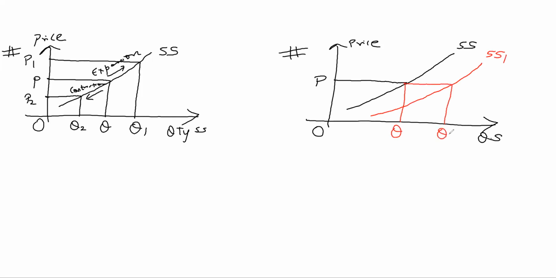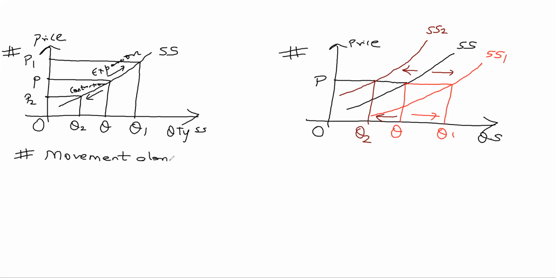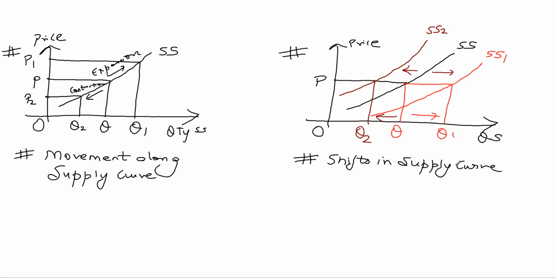You can see the quantity supplied has gone up, or it can shift to the left from SS to SS2, where the quantity supplied falls from OQ to OQ2. That means the first diagram represents movement along the supply curve, which only happens because of change in own price. And the second diagram represents shifts in the supply curve, which happens because of all factors other than the price of a commodity.